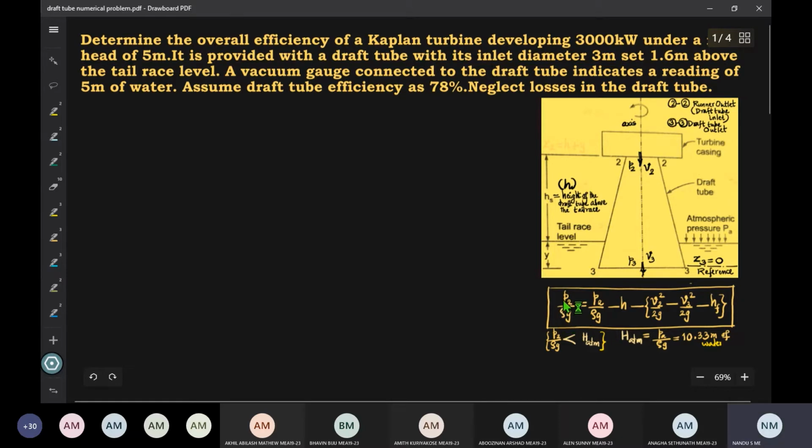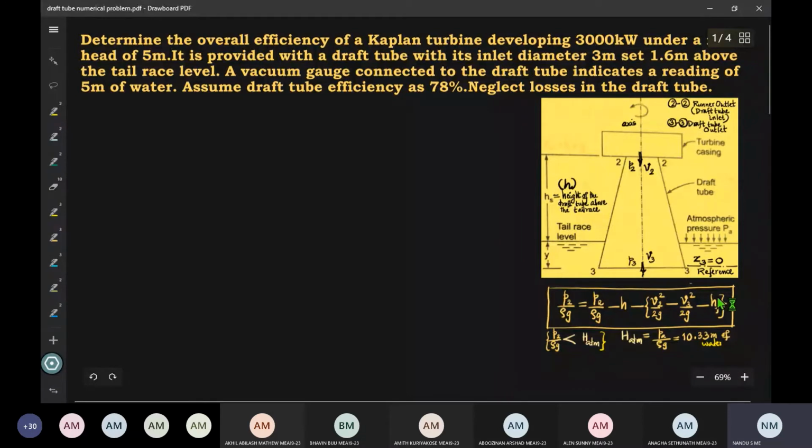So that pressure head is P2 by rho g is equal to PA by rho g minus H minus of the group, that is V2 square by 2g minus V3 square by 2g minus HF. These terms within the bracket indicate the energy recovered by the draft tube, and in this question it is given that we neglect losses in the draft tube.